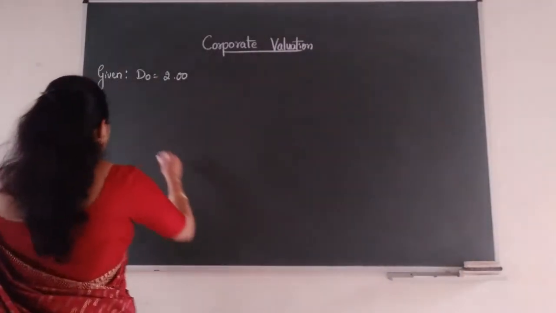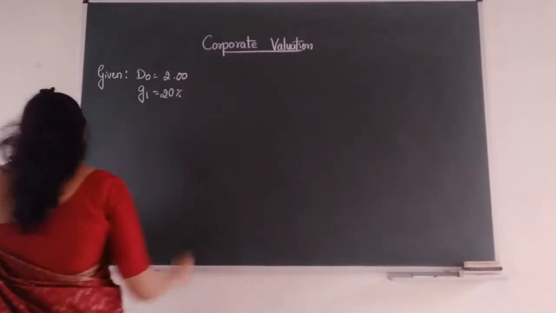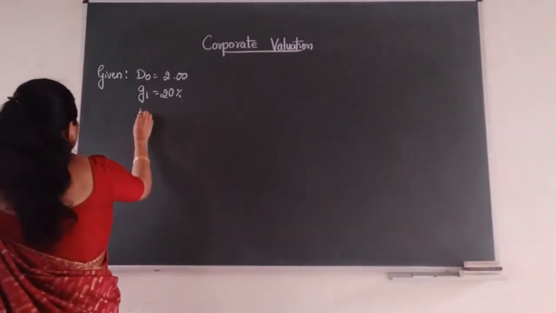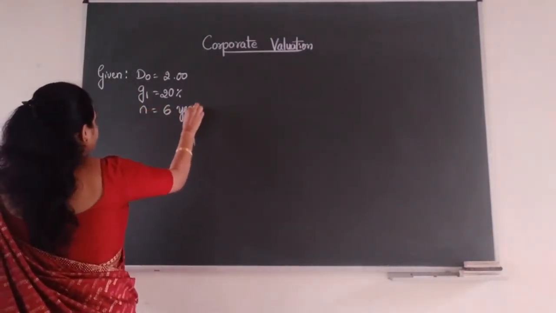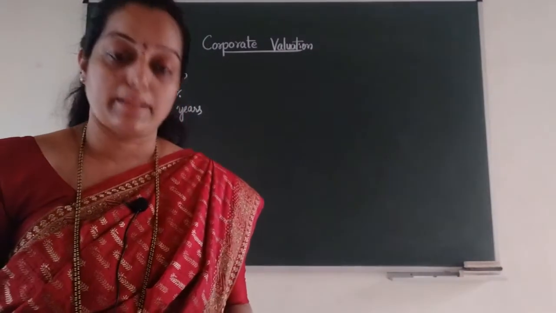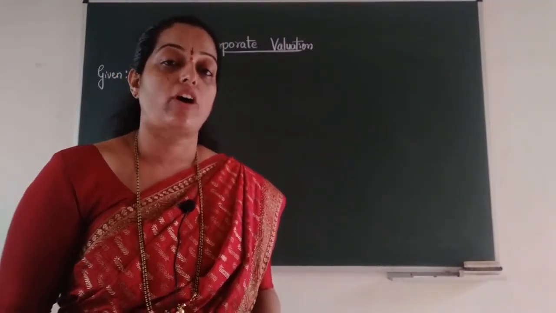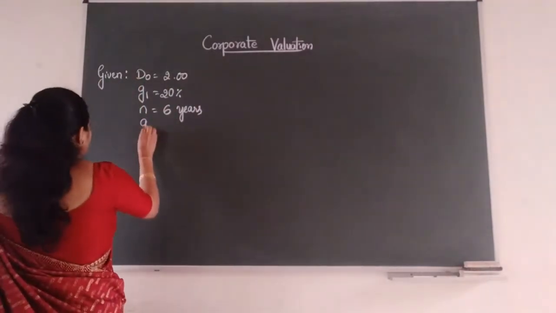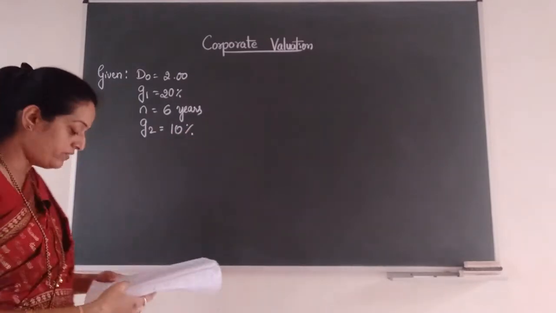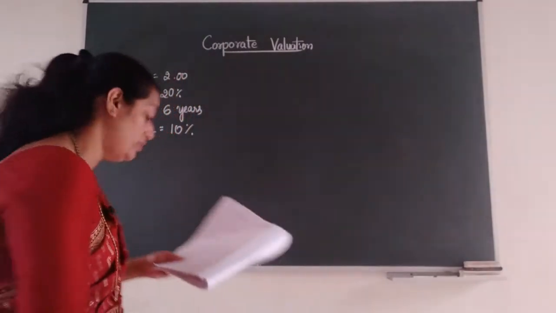That means this is G1, 20%, for a period of 6 years, that is N is equal to 6 years. Thereafter, the growth rate will fall and stabilize at 10%. So after 6 years, the growth rate will fall. That growth rate we take as G2. G2 is 10%. Equity investors require a return of 15%, that is R is equal to 15%.